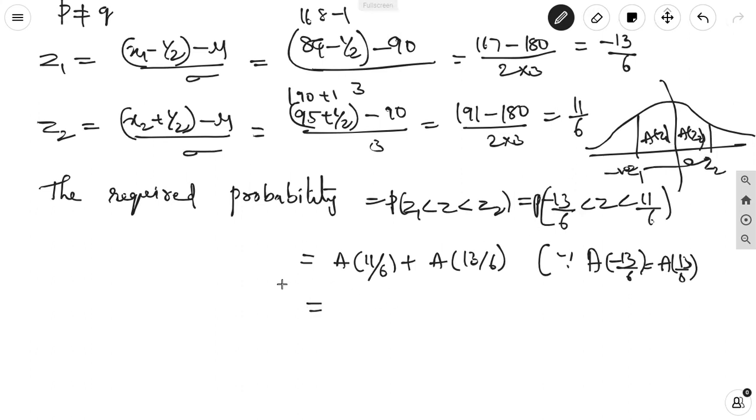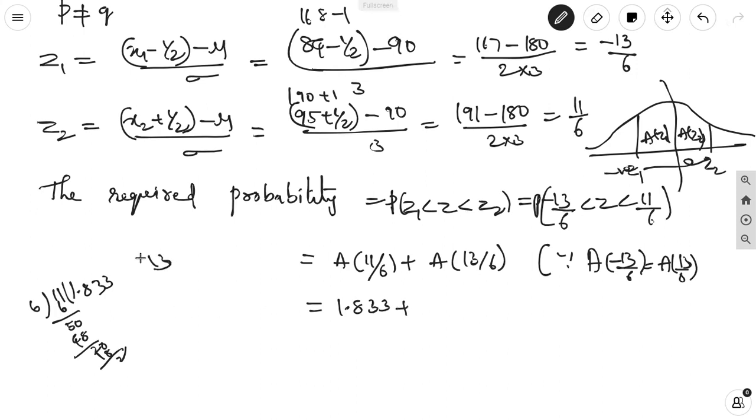Here, 11 by 6 means we can take the decimal. 6 ones are 6, 11 minus 6 is 5, 6 eights are 48, and so on, giving 1.833.